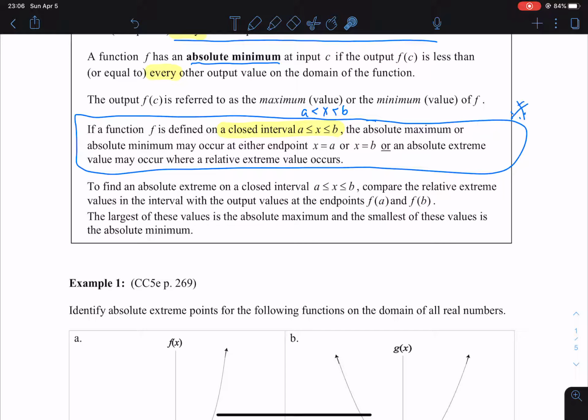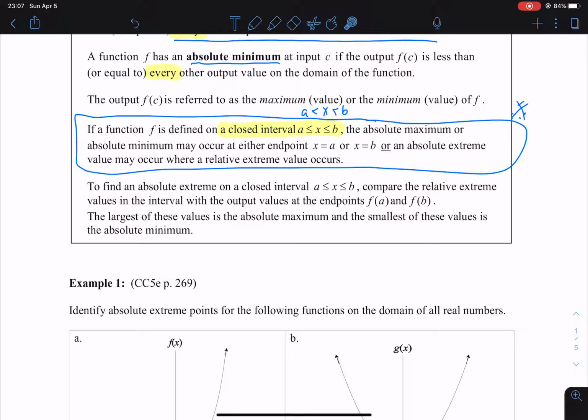Of course, the first step is to see if this function has any relative maximum points. If we don't have any relative extreme point, then you can just check the two endpoints to see if they can be the absolute maximum point.